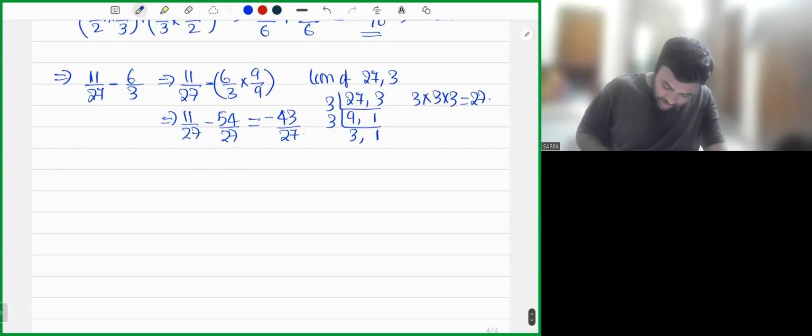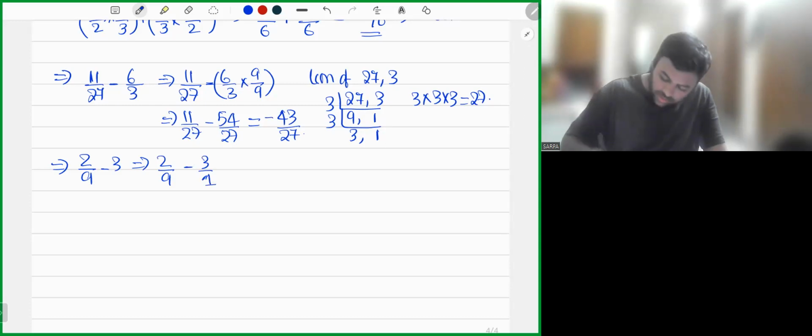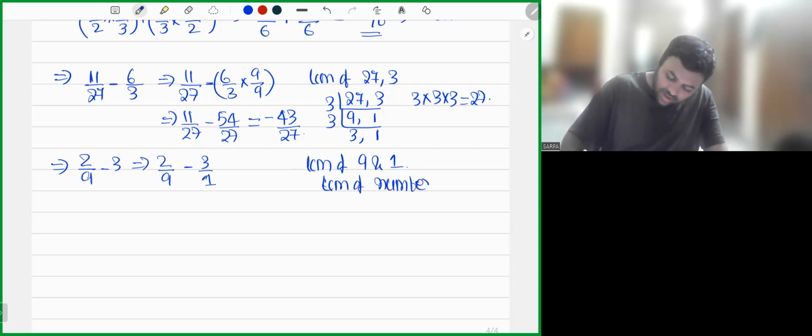Next, let us see one more example. I'm having a question somewhat like this: 2 by 9 minus 3. Now 2 by 9 is as it is. Minus 3, can I write as 3 by 1? Yes, sir. Now what is the LCM of 9 and 1? Always remember, when you are having the LCM of a number and 1, the LCM will always be equal to the number only.